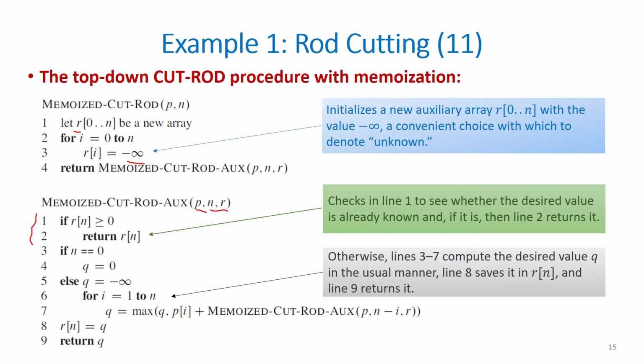If yes, we return it back to the memoized cut rod procedure here. Otherwise, we follow the same procedure as we saw in the earlier top-down procedure with only one difference. On line 8, shown here, we store the value of the calculated revenue in the array R for future use.